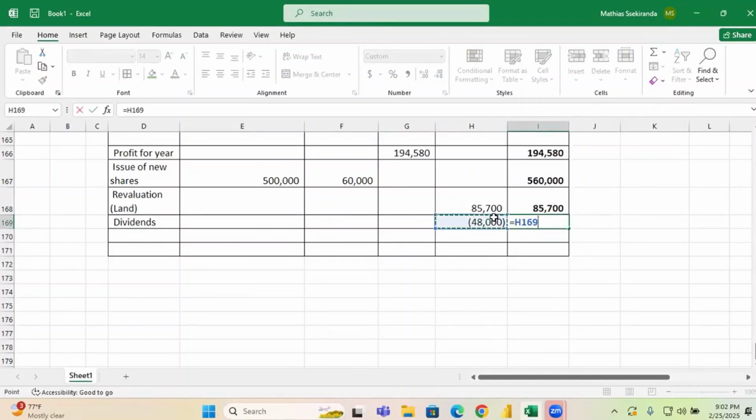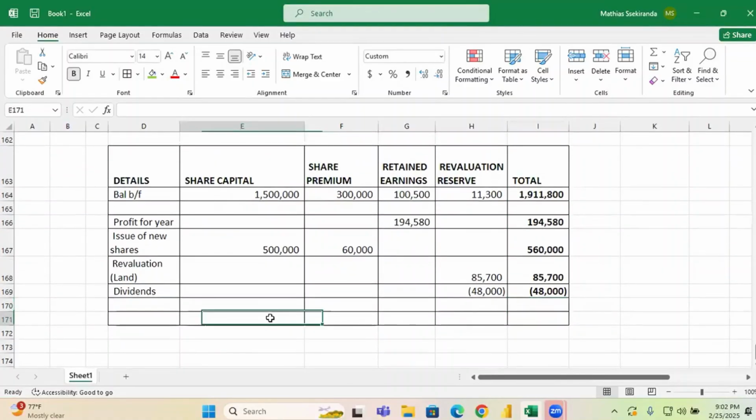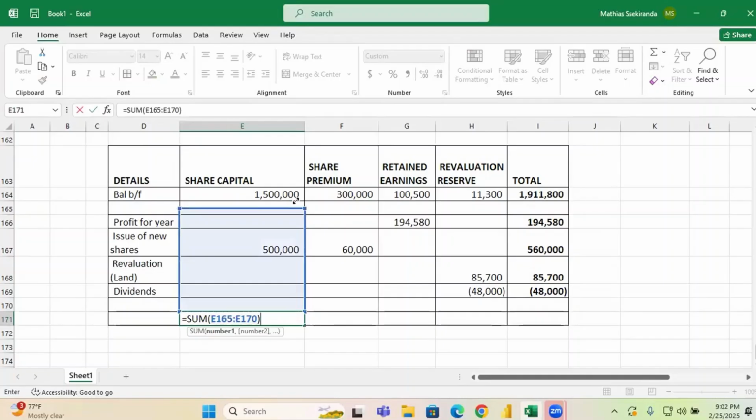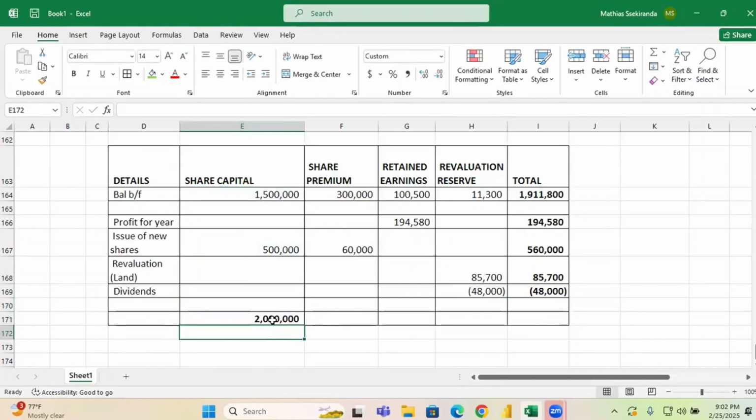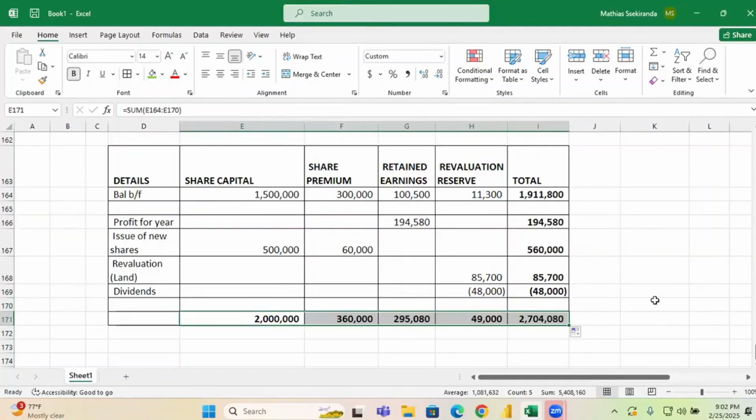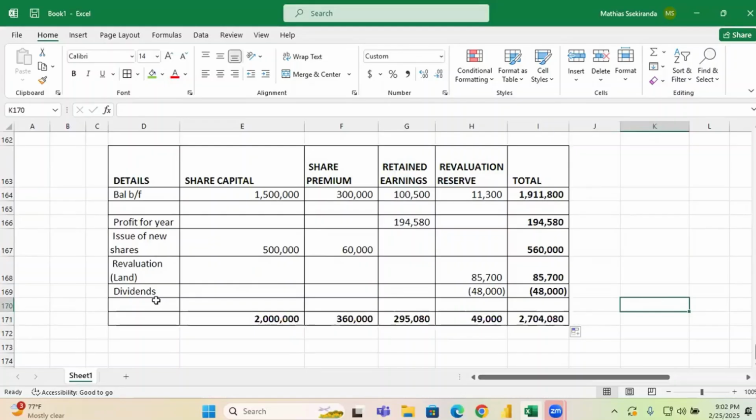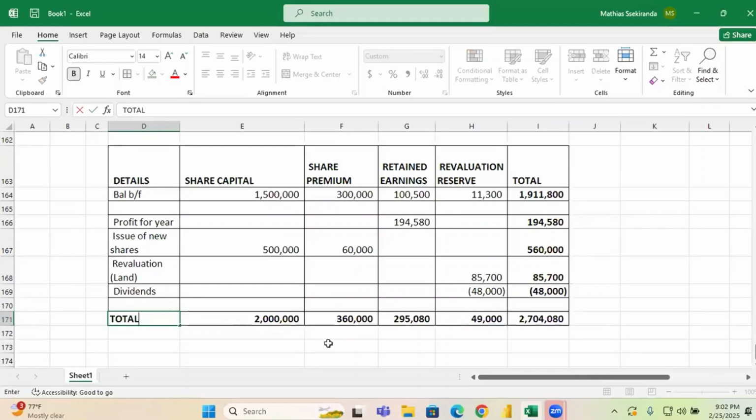So you put it under retained earnings, and then we get vertical totals. And those are our changes in equity.